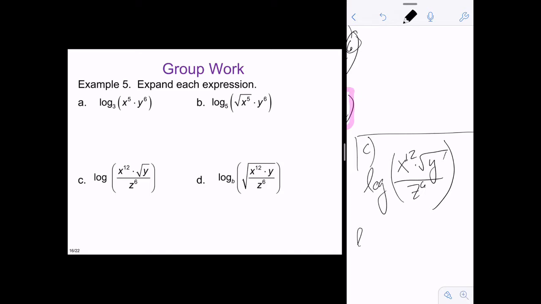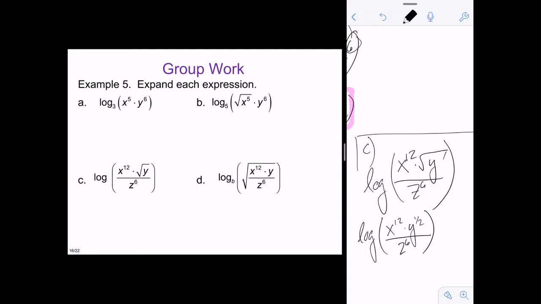Okay, so I'm going to rewrite that y as a power. So log of x to the 12 times y to the 1/2 divided by z to the 6.